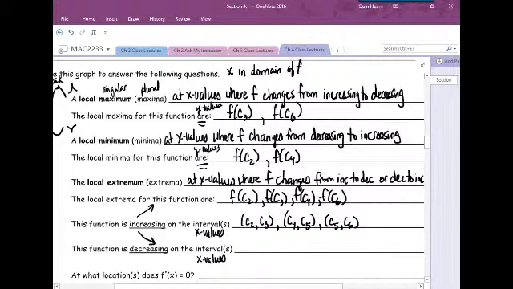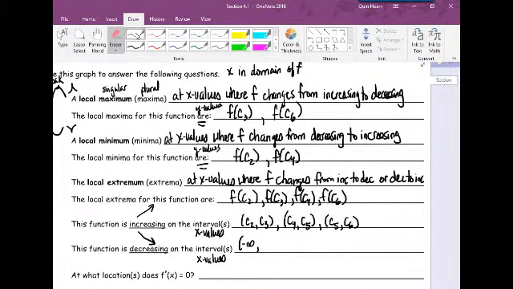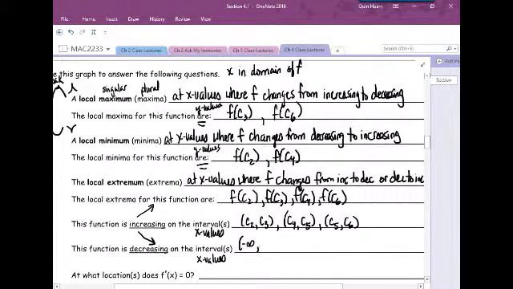Okay, so let's fill in those intervals. I prefer to say the interval from negative infinity to C1 and then C1 to C2 rather than lump them together.